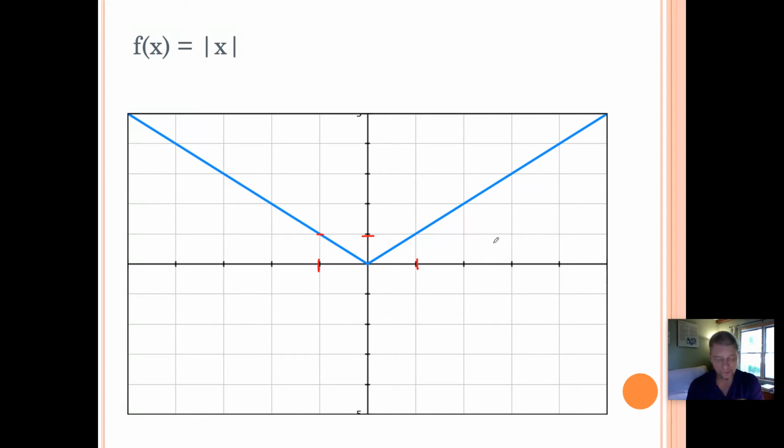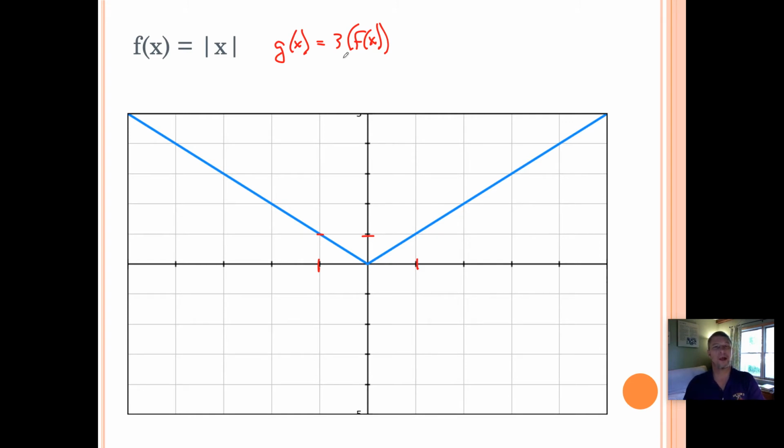Now, for h of x, I multiply f of x by 3, which is what I'm doing here. So h of x equals 3 times f of x. What's that going to do to the original function?